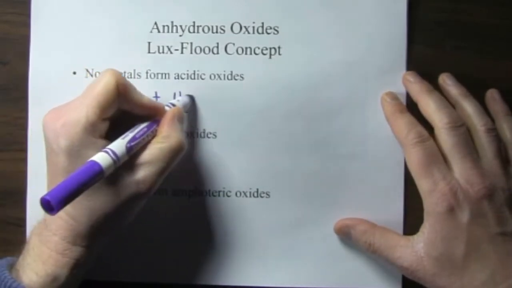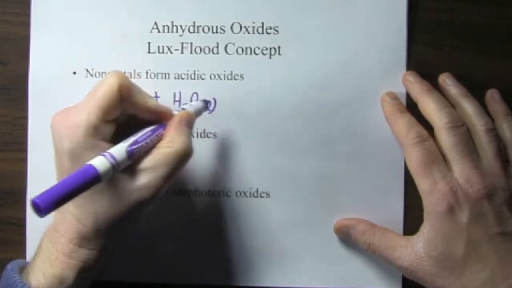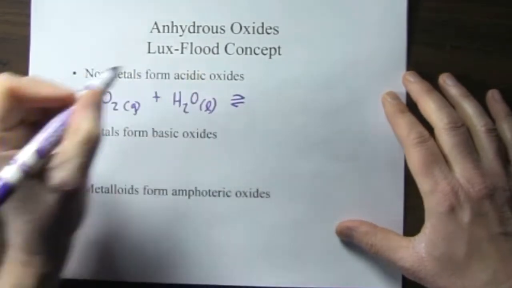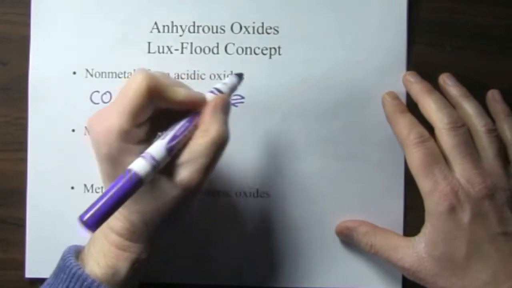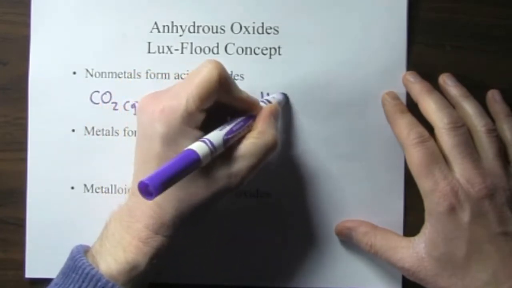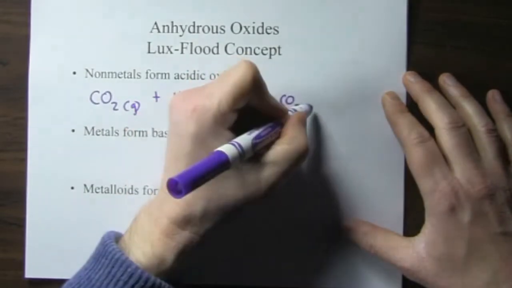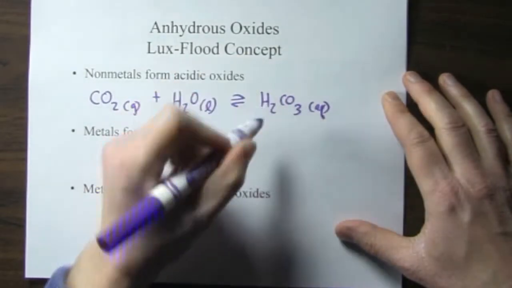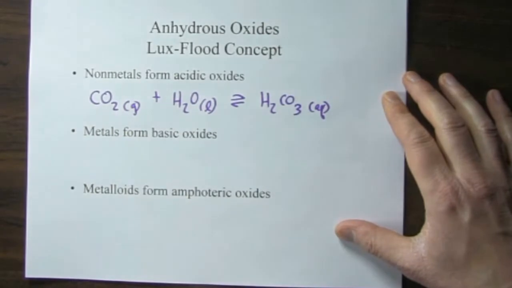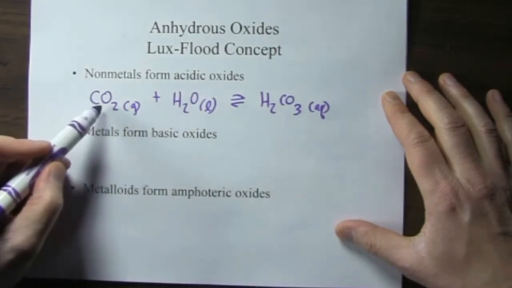We'll form H2CO3, or carbonic acid. You can see there's a proton there that could be removed and it will act as an acid. So that's a nonmetal oxide.